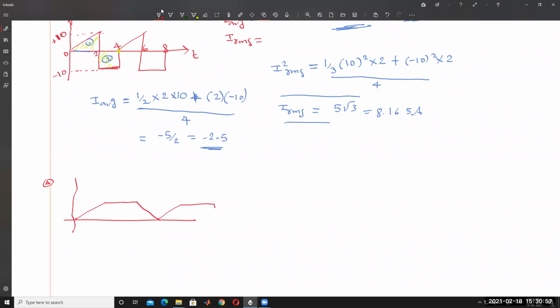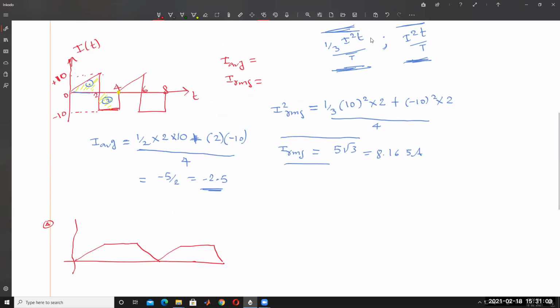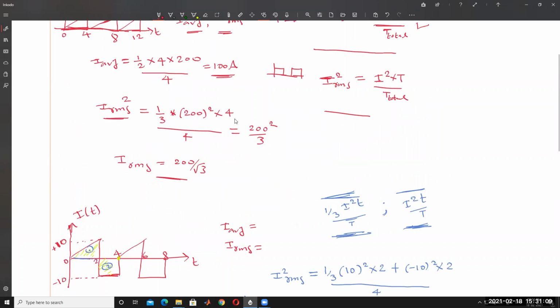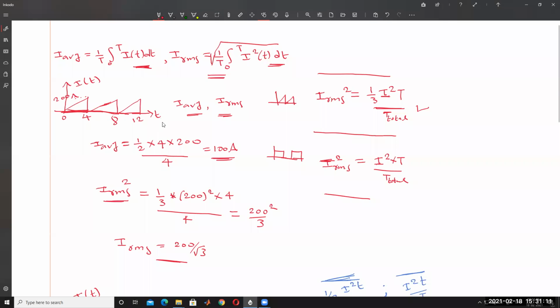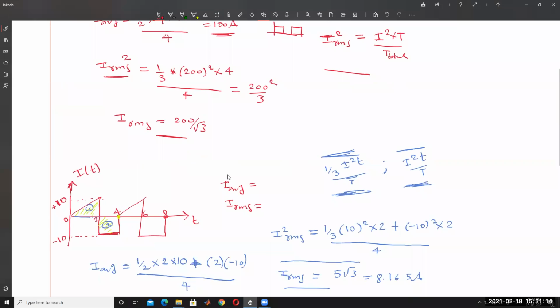So for a triangle, how do we calculate half cycle and full cycle? For the average value, you calculate year to year.